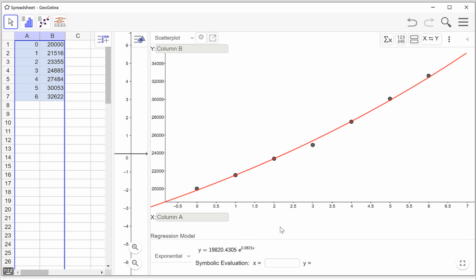Now remember, this is the curve of best fit, meaning not every single data point is going to be on the curve. Again, without going into the calculations involved, basically what's going on here is the technology is trying to find the curve that minimizes how far off each point is.